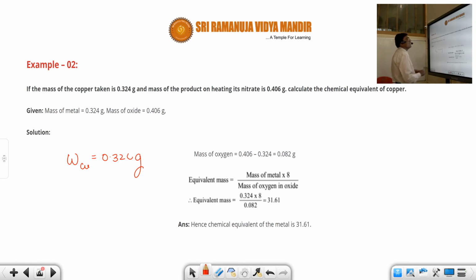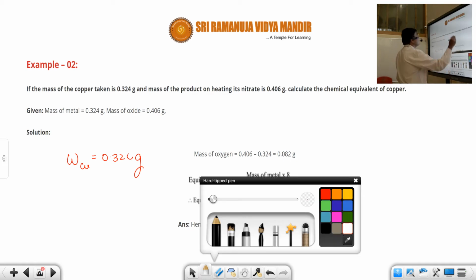So the product formed here is the oxide.